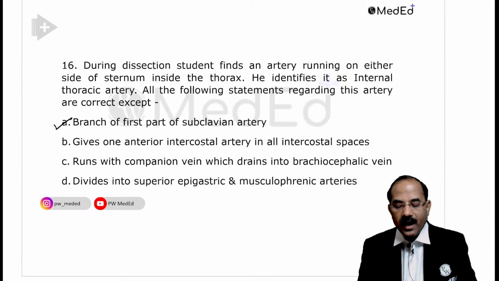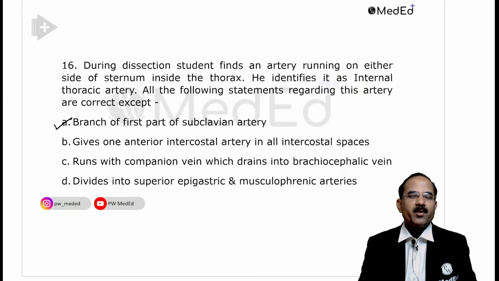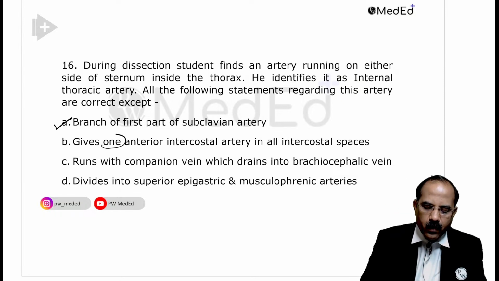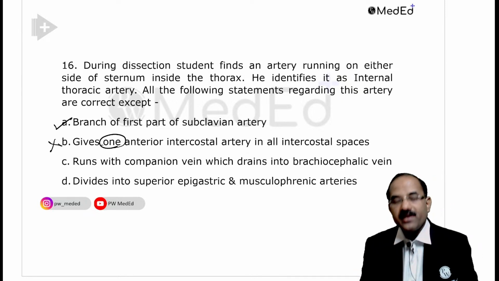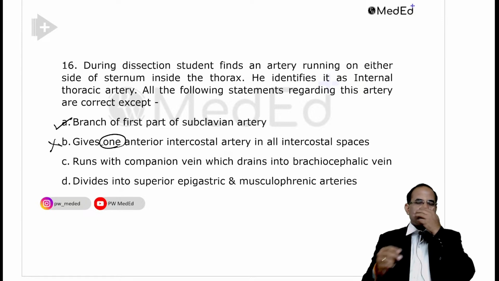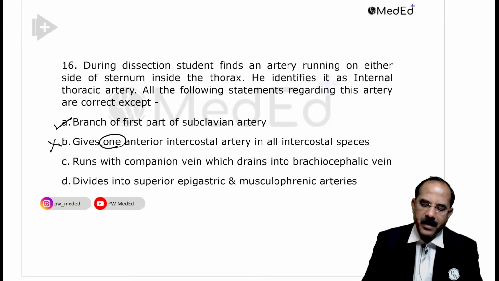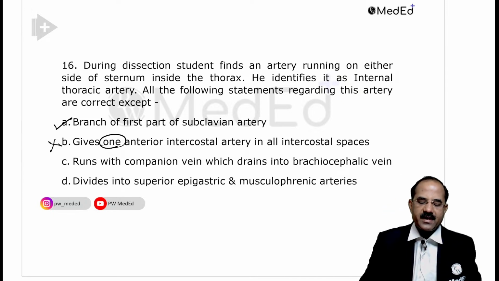It gives one anterior intercostal artery in each space. Is this statement correct or is it wrong? It gives one anterior intercostal artery is wrong. It gives two anterior intercostal arteries in each space. Runs with a companion vein which drains into the brachiocephalic vein. Yes, that's correct.